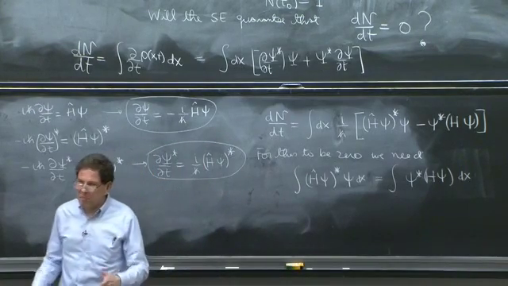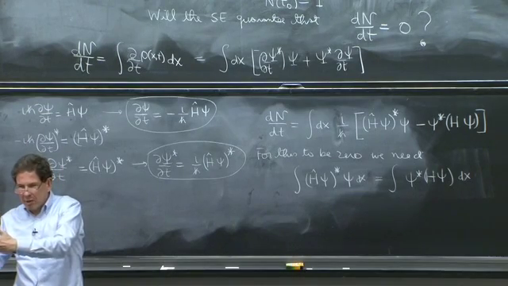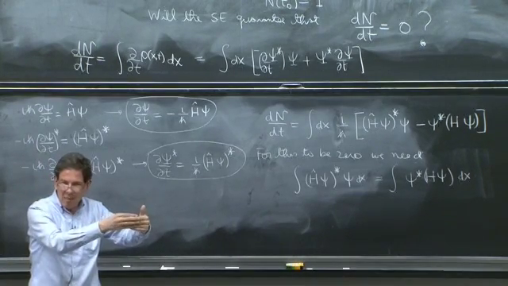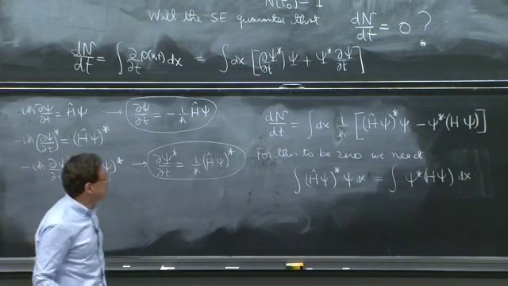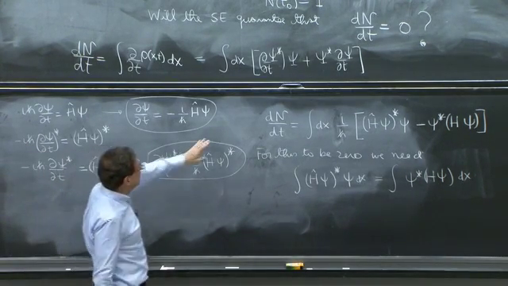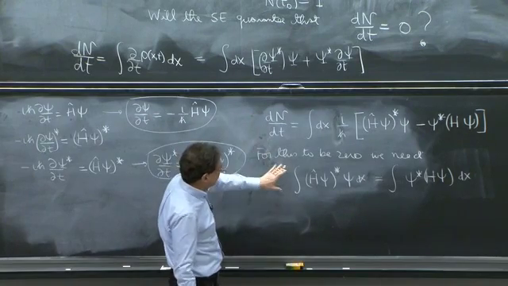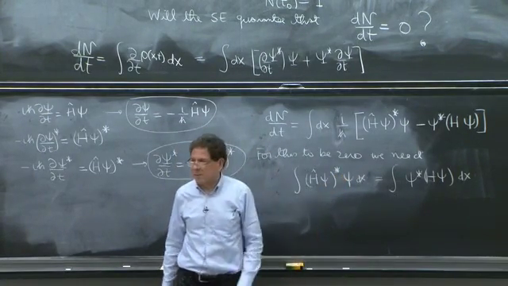So you've kind of moved the H from the complex conjugated function to the non-complex conjugated function, from the first function to the second function. And that's a very nice thing to demand of the Hamiltonian. So actually what seems to be happening is that this conservation of probability will work if your Hamiltonian is good enough to do something like this.